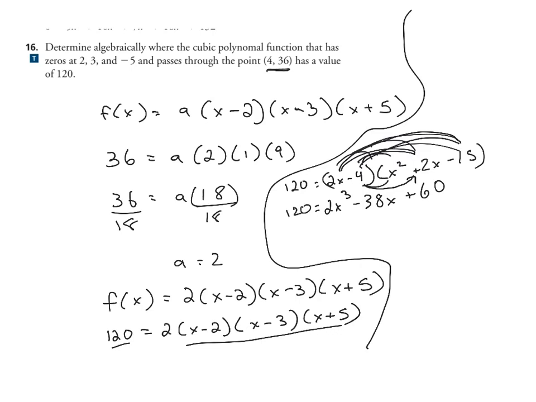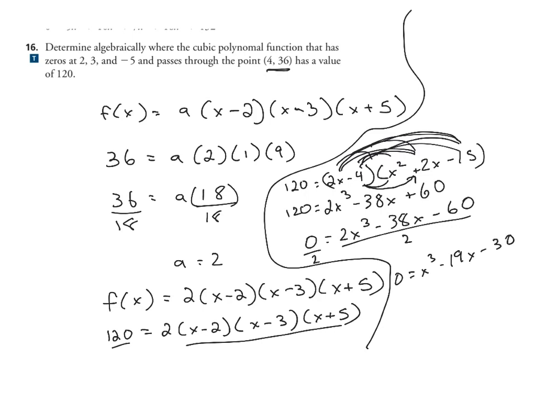That's 120. Let's bring that 120 over. So you got 0 equals 2x cubed minus 38x plus 60 minus 120, so minus 60. I can divide both sides by 2. That'll make it nicer. So you got 0 equals x cubed minus 19x minus 30.